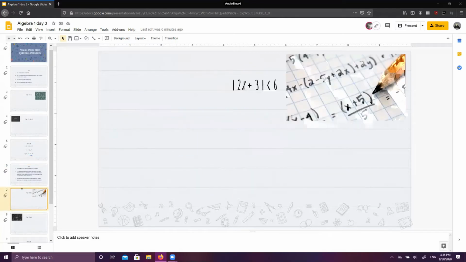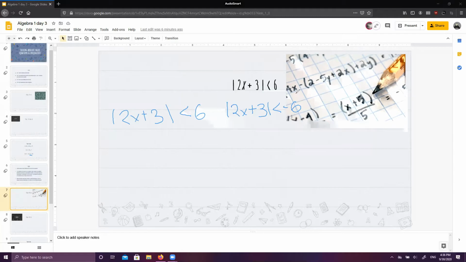Okay, for this example, we will have absolute value of 2x plus 3 is less than 6. And the other side would be the same thing except negative 6. Okay, so we solve it just as we did with the previous ones.